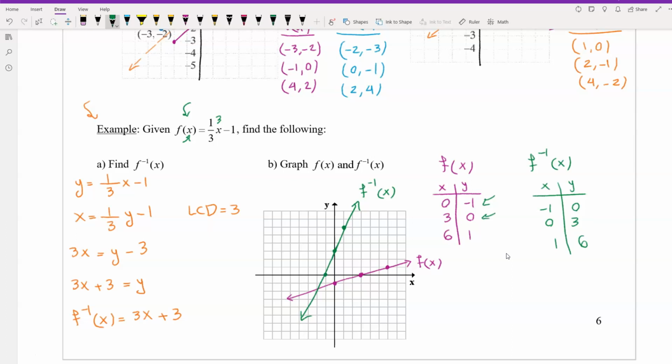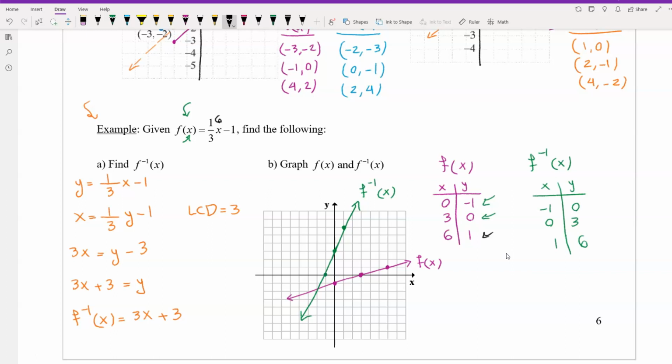So here we have 0. Using 6 instead of x, we have 6 divided by 3, so that is 2. 2 minus 1 is 1. So we have these 3 points. Find these 3 and then connect to draw this line for f of x.